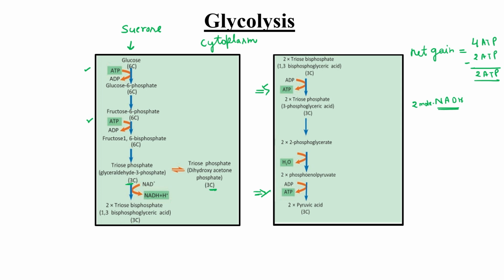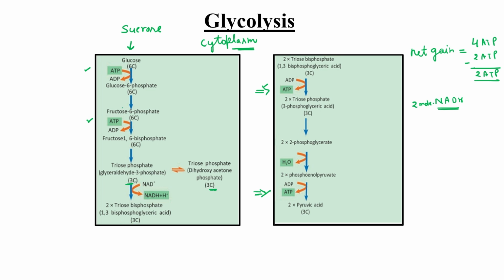So here, what is the main content? Initially, during the first step of cellular respiration, that is glycolysis, this glycolysis occurs in the cytoplasm of the cell. That is the first important point. Secondly, sucrose, which is a disaccharide, is first converted into its monosaccharide forms, glucose and fructose.